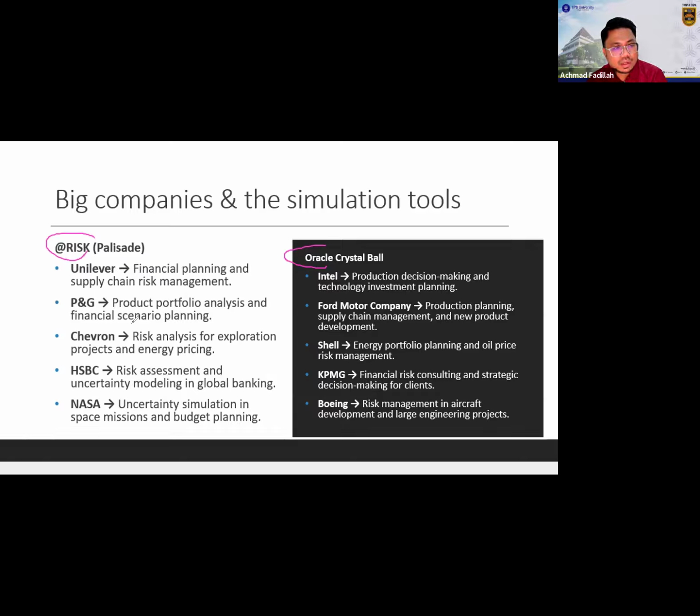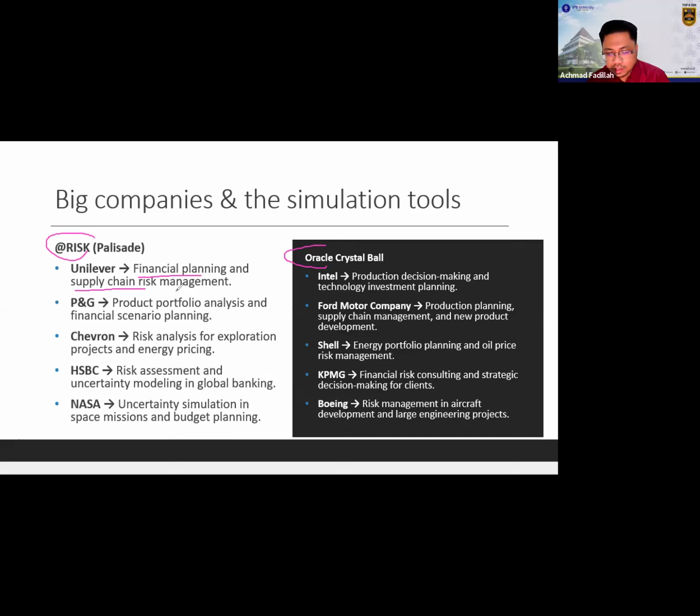As we know, Unilever has many products, and they have a parent company, so how do they integrate all the financial planning and also the supply chain risk? You can imagine if something happens during the supply chain, the manufacturing process, and delivering until the customer gets the product.